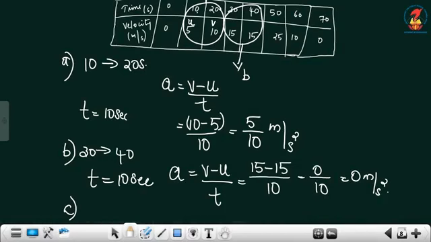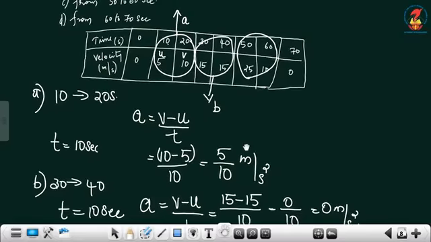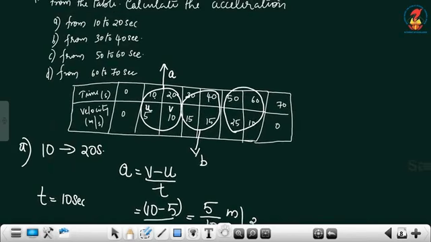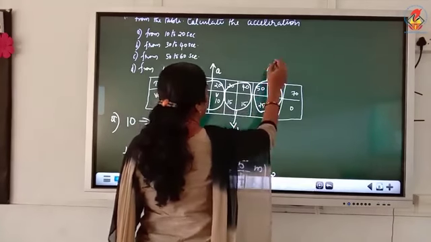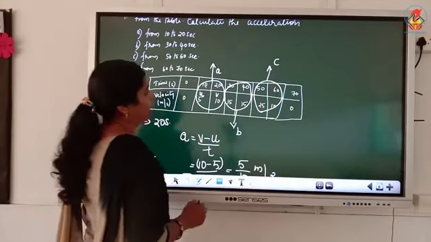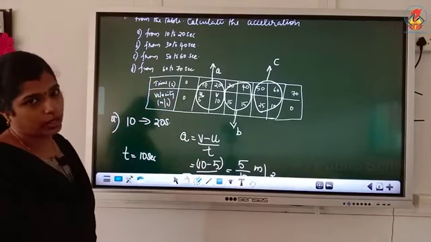50 to 60. This one is the third case, C, 50 to 60.